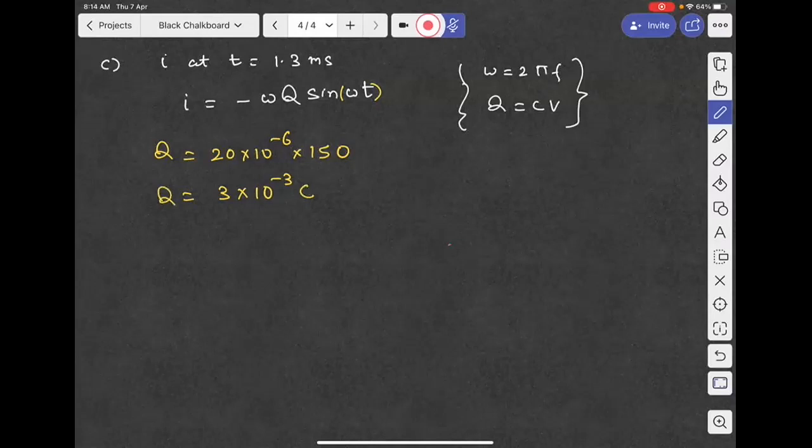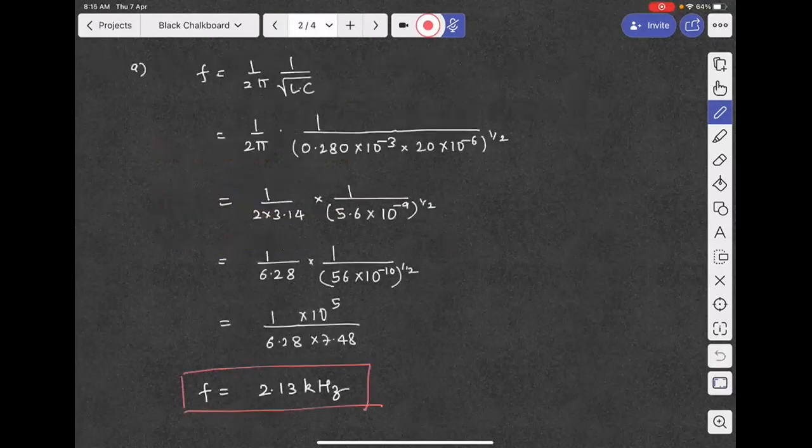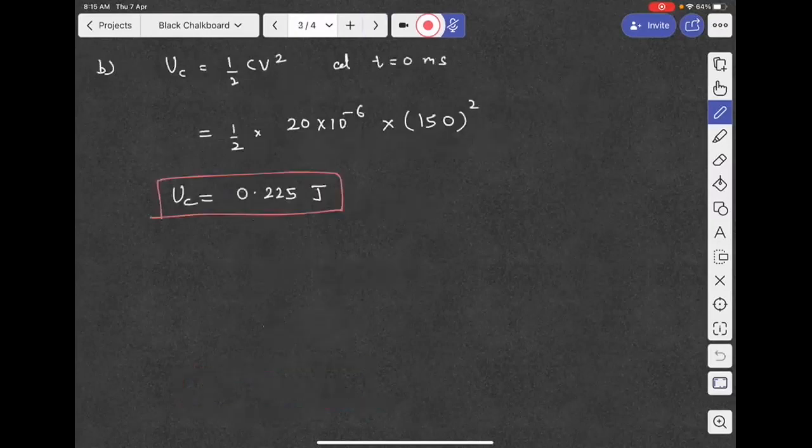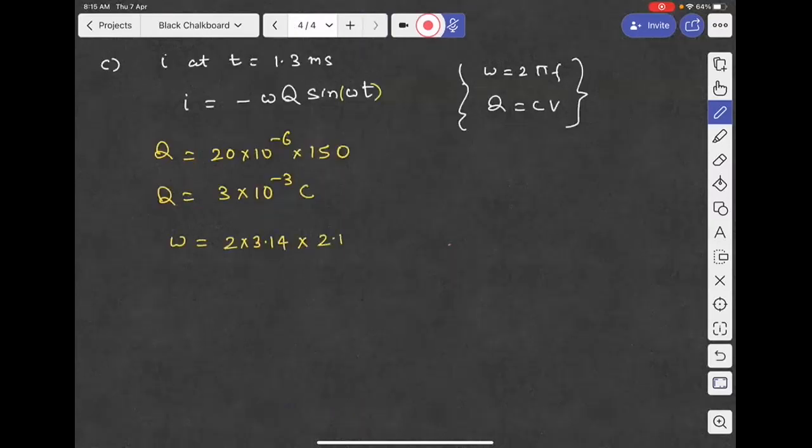And omega is 2 pi f, so 2 into 3.14 into our frequency was 2.13 kilohertz.